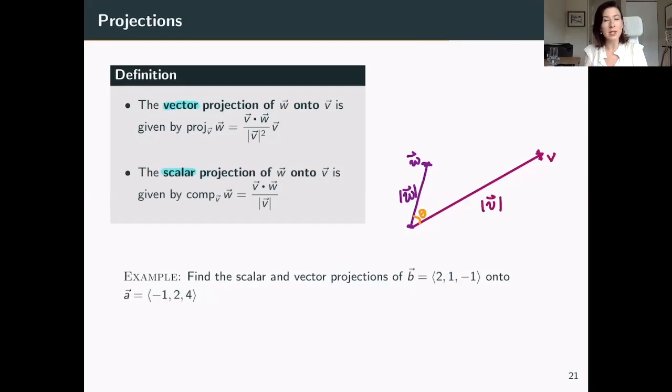With projections, we are essentially looking at the shadow of a vector onto another vector.